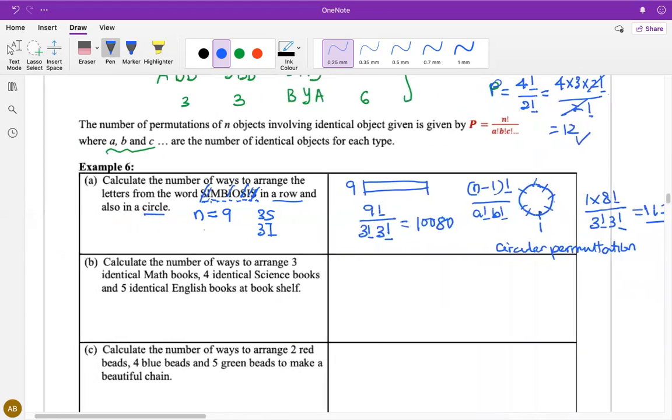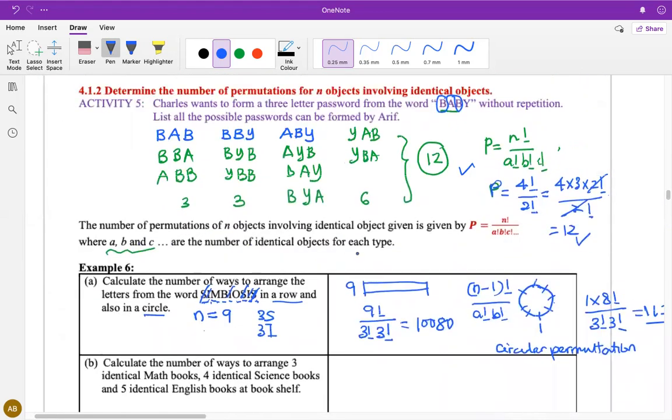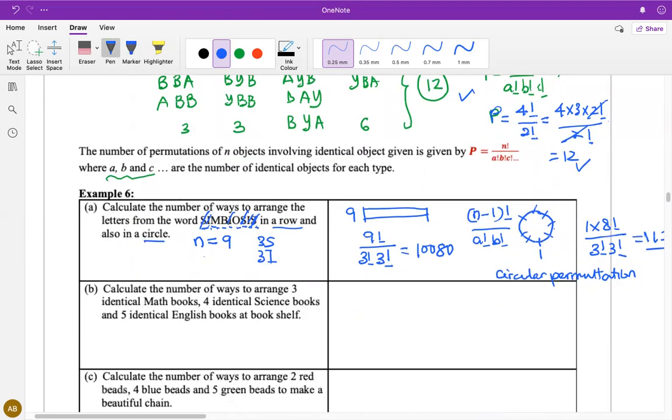Okay. So a is the number of identical objects. So if there are 2 B's, in activity 5, there are 2 B's, so 2 factorial. If there are 3 B's, then 3 factorial. So this one, 3 S, so 3 factorial. I, there are 3, so 3 factorial also.